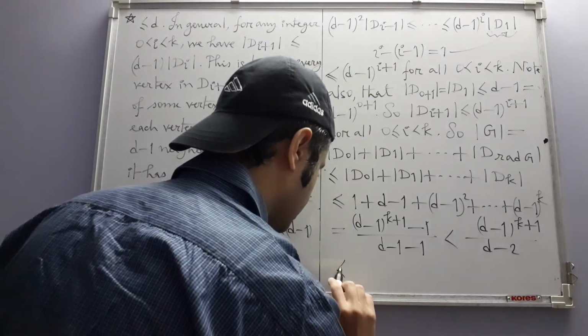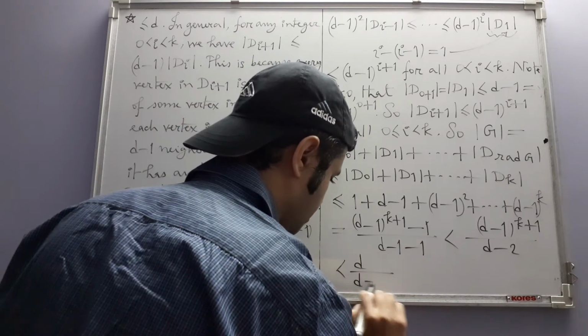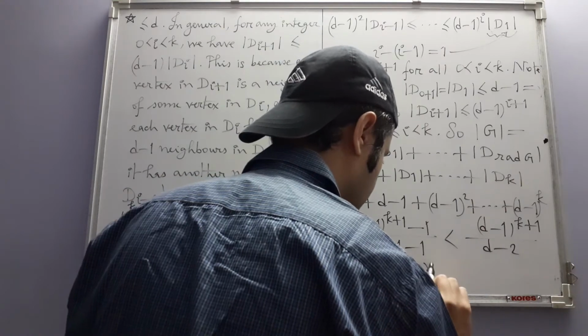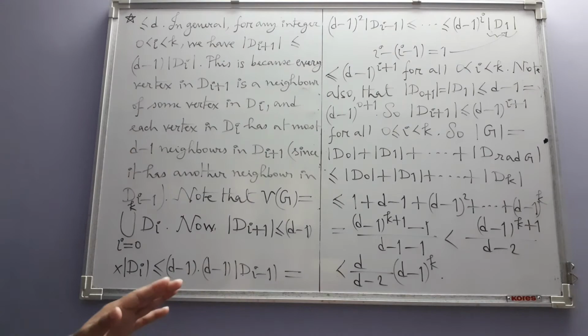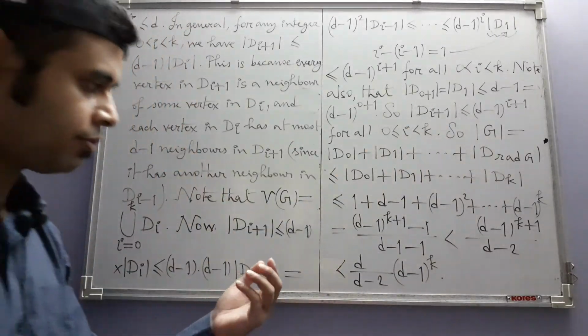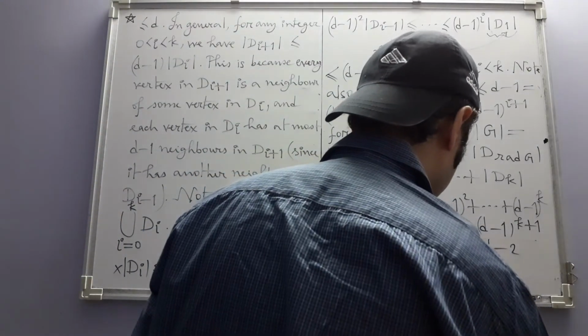So this is less than d divided by d minus 2 times d minus 1 to the power k. So that gives us this upper bound for the order of G. So G will have at most this many vertices. So that completes the proof.